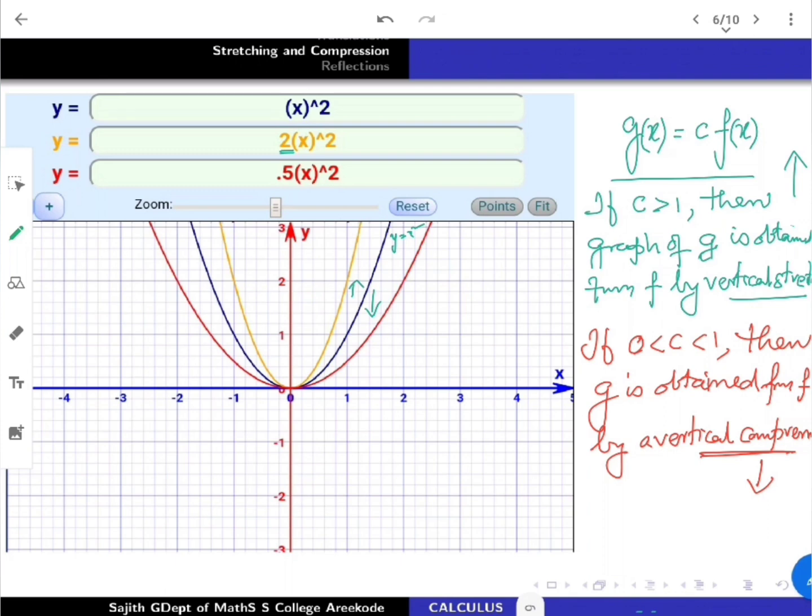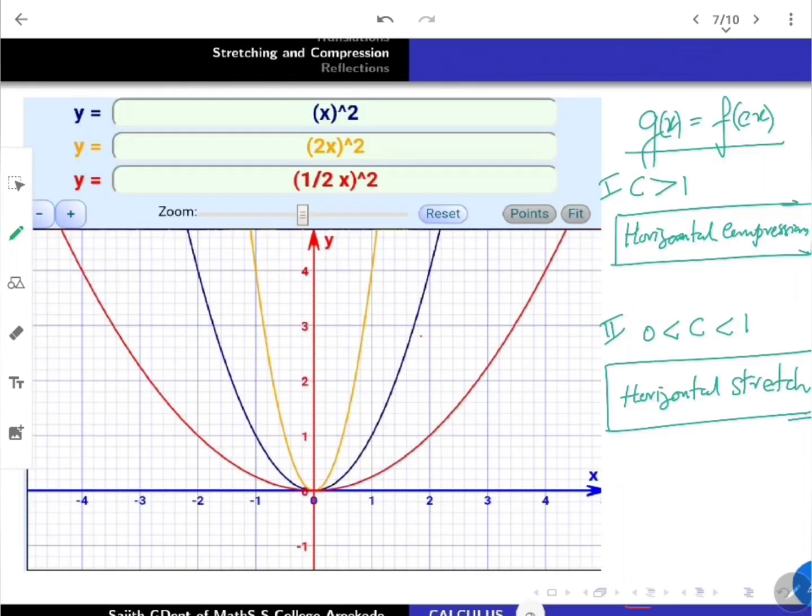So whenever you consider g of x, which is c times f of x, and if c is greater than 1, then we can obtain g from f by a vertical stretch, not shift actually, vertical stretch. If c is in between 0 and 1, then g can be obtained by a vertical compression. So vertical stretch as well as vertical compressions are going to happen in this manner.